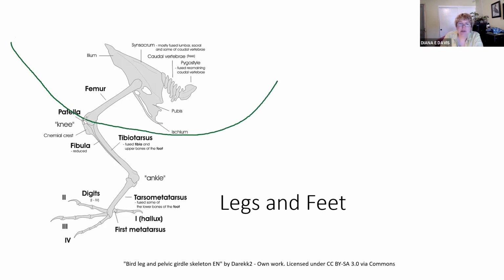And so the femur does not show on a bird. And sometimes the feathers will extend even further on some species. So this is the body wall, but the feathers can extend even further.